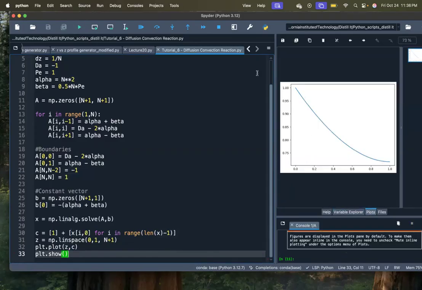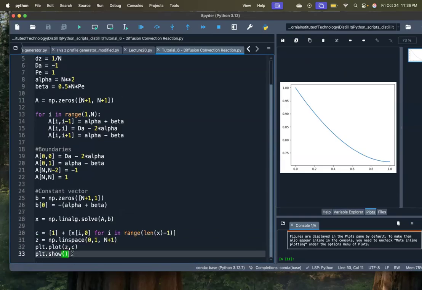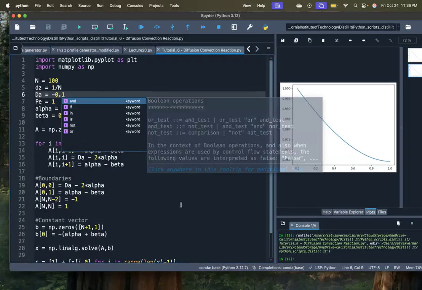So now you see, this is the concentration profile over here. As you see over here, the reaction has stopped taking place because the flux over there is 0, right? Let's say the reaction is very, very slow. If the reaction is very, very slow, that means your Damköhler number is going to be small.